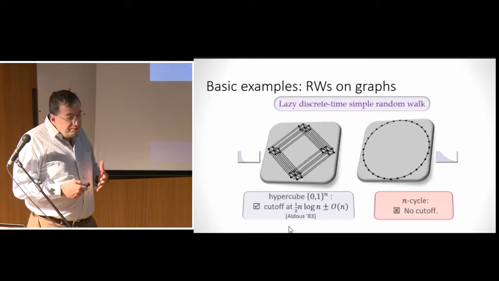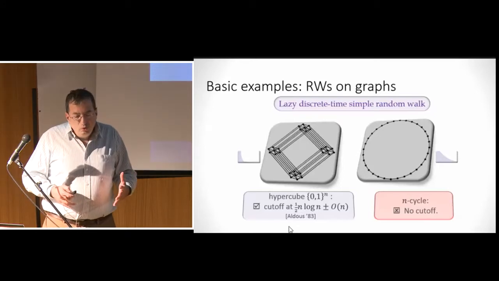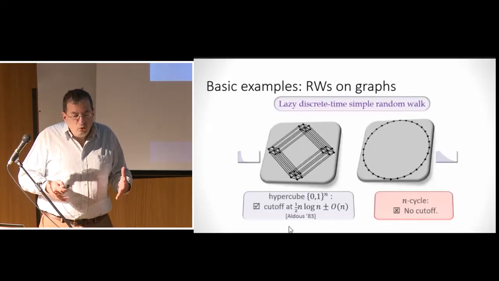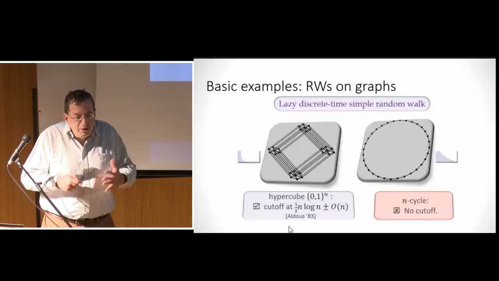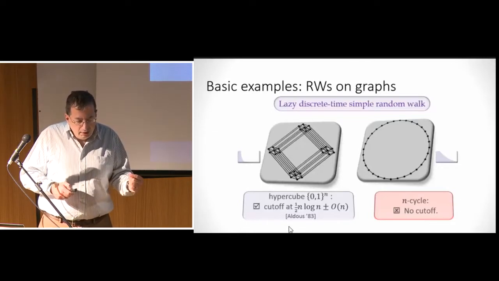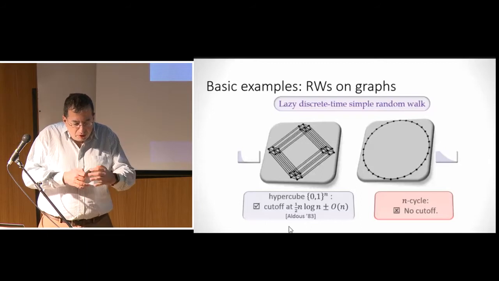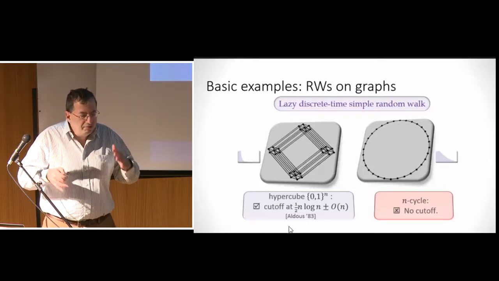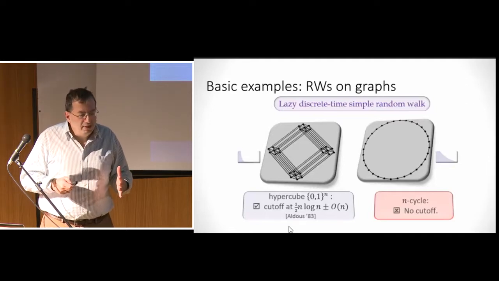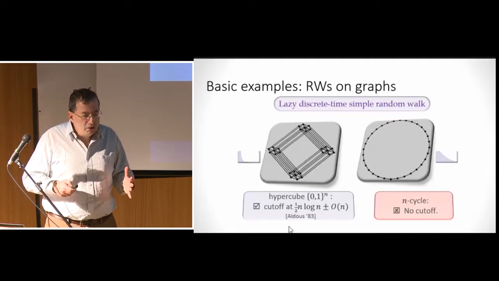And with these examples, the philosophy is that cutoff is connected to high-dimensional behavior of the chain, that mixing is coming from a cooperation of many things that have to go together, and lack of cutoff is indicative of low dimension.